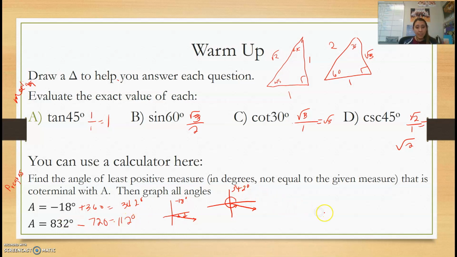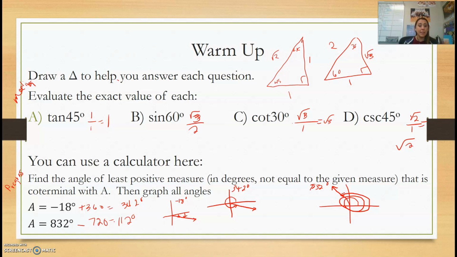So let's graph this 832. I'm going to graph a positive 832 degrees. That's an 8, not a 5. So we're going to start right here, and we got 360, 720, and then the difference between 832 and 720 is 112, so it's going to be about right here. So my angle is right there, and I have an arrow.